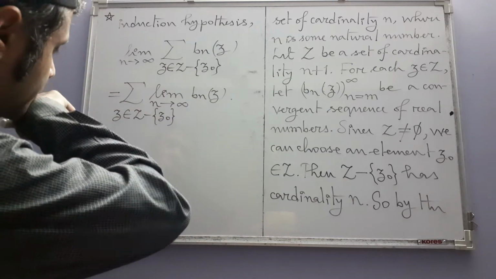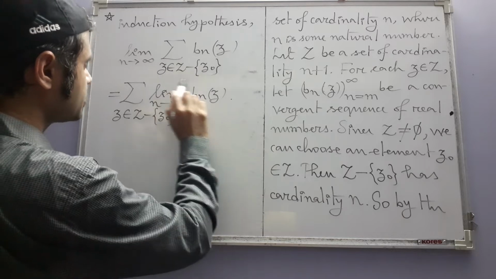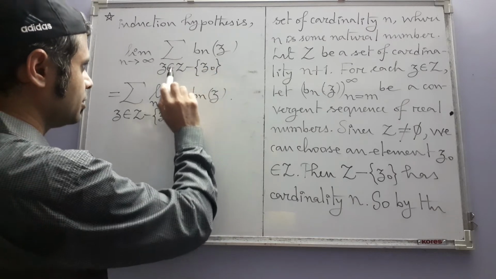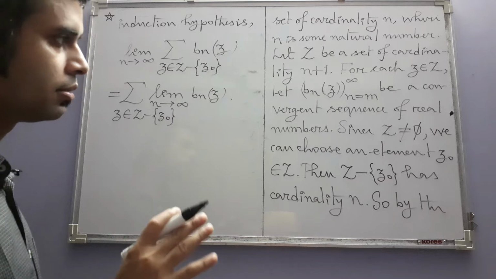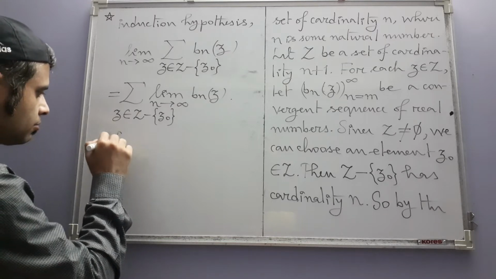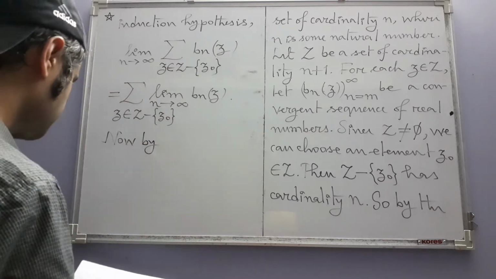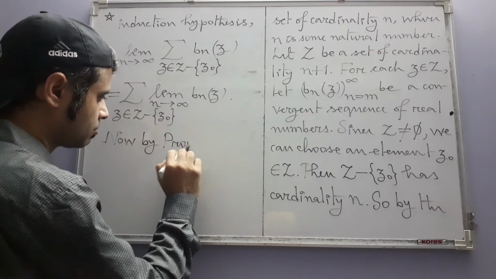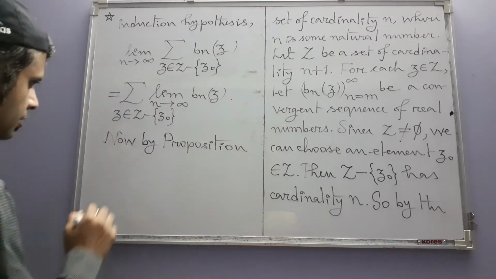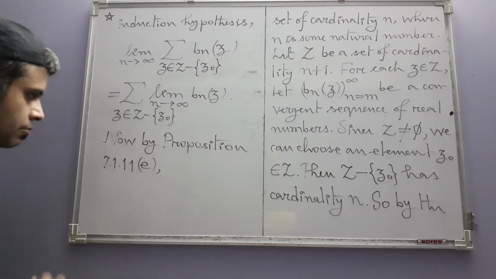Okay. Now it's time to use two things. First of all, we need to somehow link this sum with the similar sum where we don't have this subset but we have the entire set Z. So there the basic properties of sums over finite sets come. Now that thing is this proposition 7.11, part E. We have what?